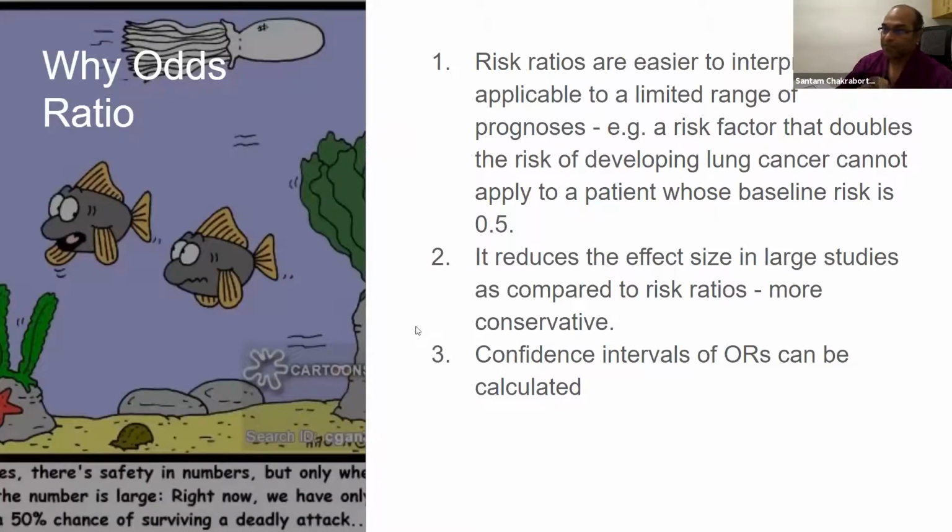Why odds ratio? Odds ratios are important in case of case control studies because we have no idea about the distribution of the exposure, that is the risk factor, in the control population. What does this mean? When you are doing a case control study, you have cases with a defined risk of exposure.